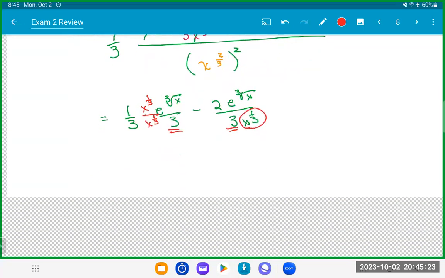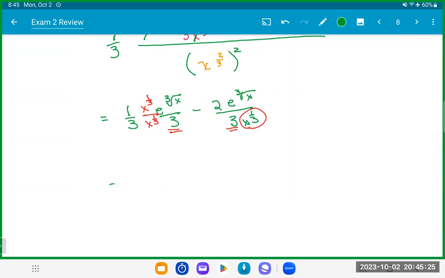Okay, and so that's going to give us 1/3 times e to the cubed root of x over, we have this common term now in the denominator, which is 3x to the 1/3, and then we have this minus 2e to the cubed root of x.